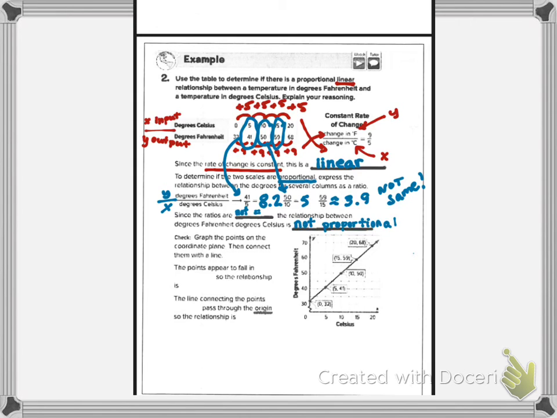Now there's another way to tell that. When you graph the points on a coordinate plane, we can see that the points all appear to fall in a straight line. So the relationship is linear.